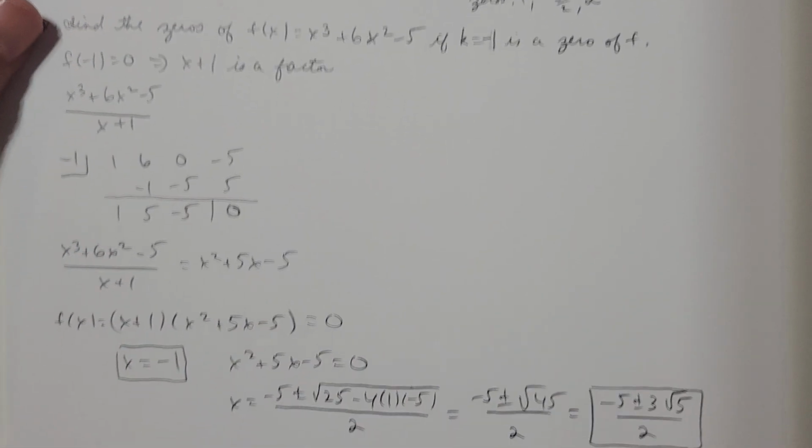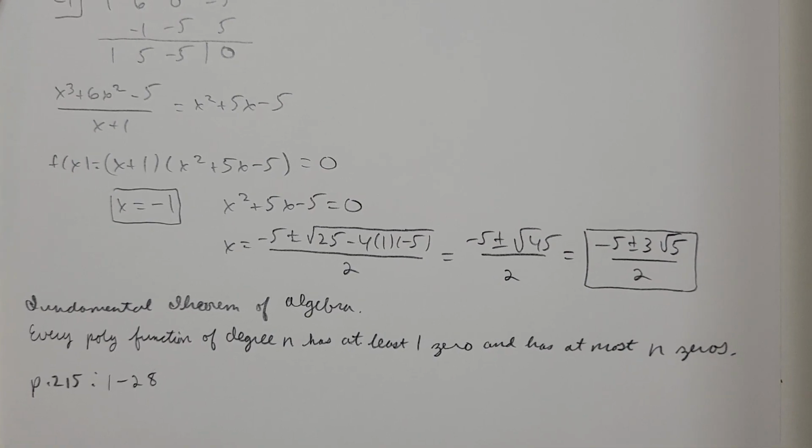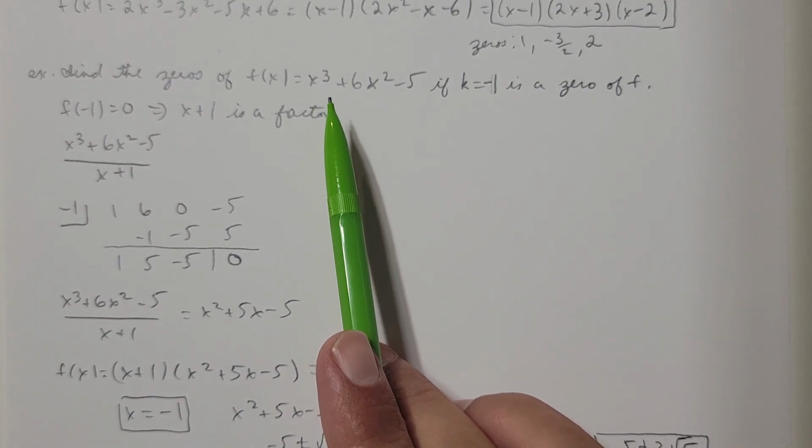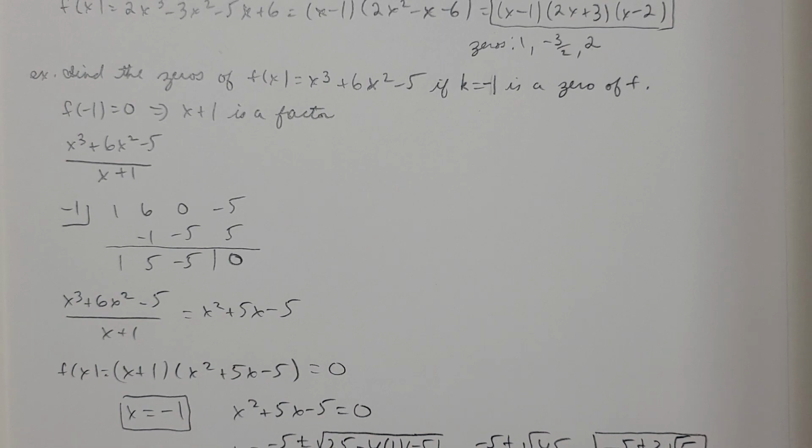Okay. Now, from this, we have the fundamental theorem of algebra. I've kind of mentioned this along the way, just to have you see where it's coming from. But it says that every polynomial function of degree n has at least 1 zero and has at most n zeros. Okay, so in other words, if I give you this function, x cubed plus 6x squared minus 5, I can know right away that there's going to be 3 answers if I set that equal to 0.